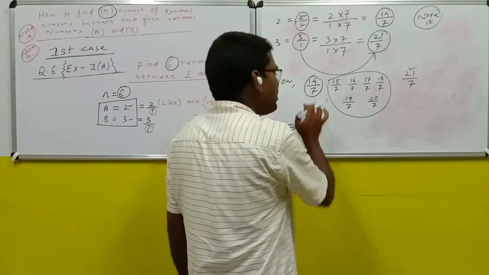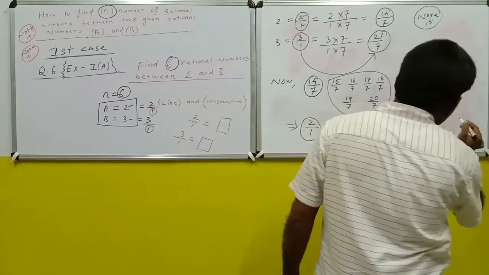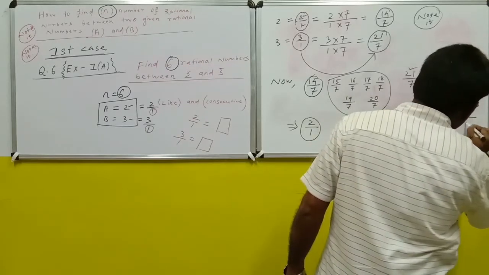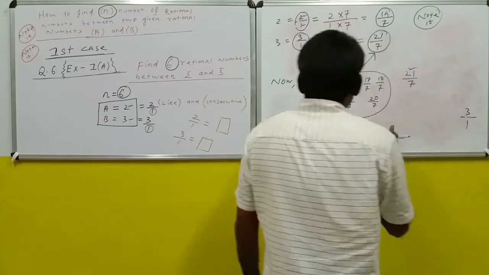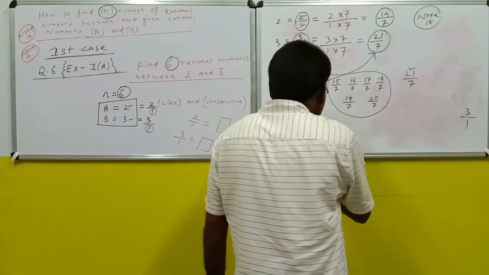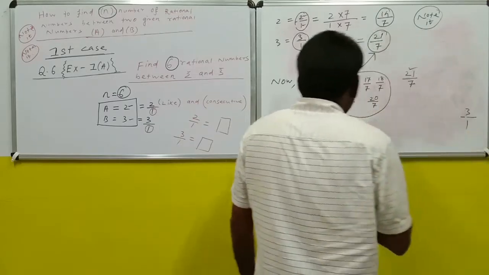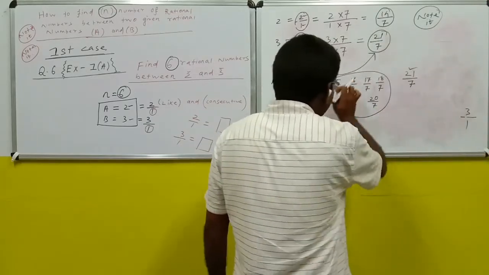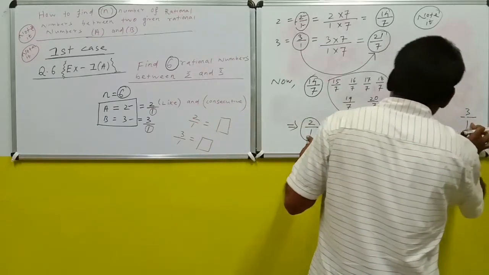Similarly, in place of 21/7, you can write 3/1 because 21/7 was the equivalent rational number of 3/1. So, in place of 14/7, you wrote 2/1, and in place of 21/7, you wrote 3/1. Now, these 6 rational numbers are the rational numbers between 2/1 and 3/1.